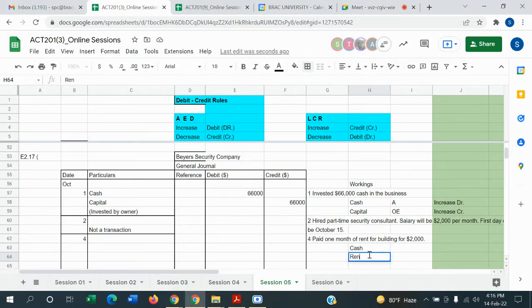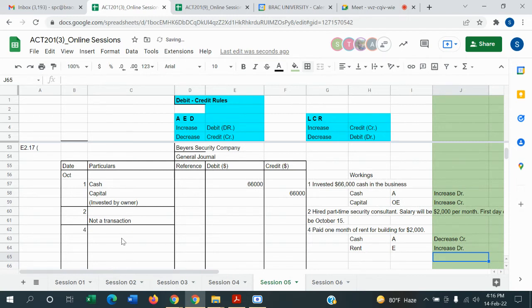We should mention what type of expense it is. Cash is an asset. I just mentioned A for asset. Rent is an expense. Cash decreases, so it should be credit. Expense increases, so debit.